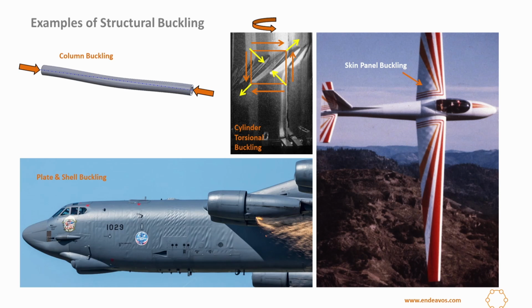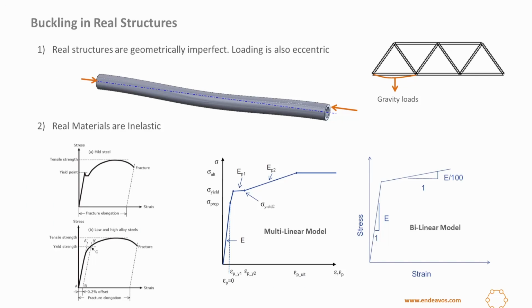But in a big structure with, let's say, lots of columns, or in the case of aircraft fuselage here, we have a number of skin panels, and if a few panels buckle, it does not mean failure of a structure. So there is such a thing called post-buckling loading capability, and I'm going to show you how we can evaluate that using ANSYS.